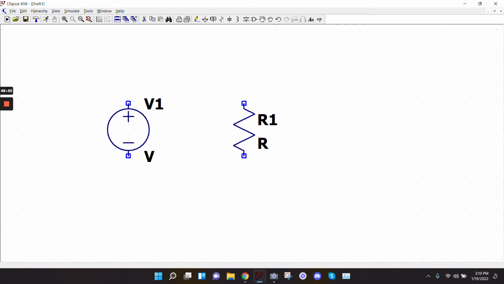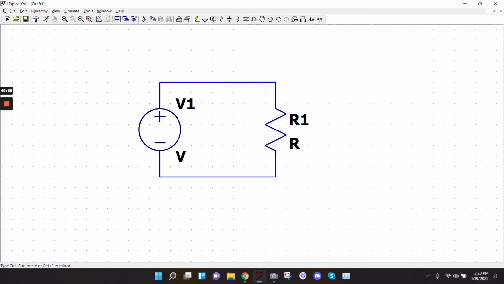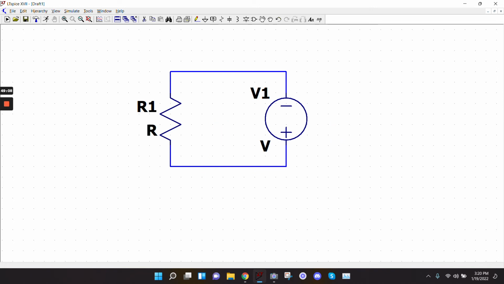What matters is the connections. Let's say I connect this voltage source to this resistor like this. If I take this whole circuit and rotate it around, that is the exact same circuit. It's just rotated. It looks very different, but it's the same circuit.